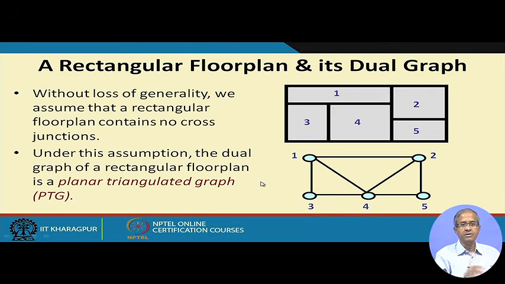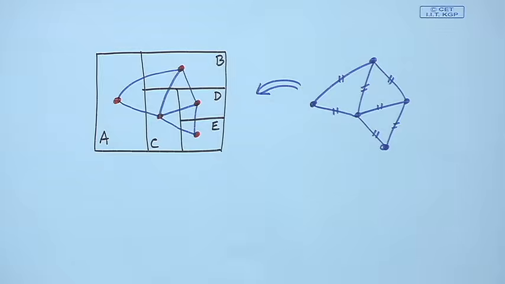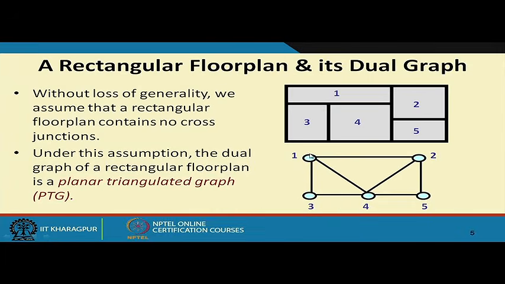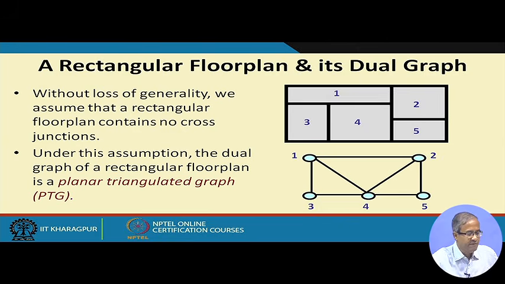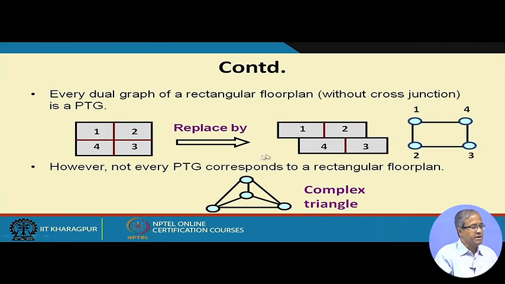Okay? So, you can lay out the graph on a plane surface, the edges will not be crossing each other. Because the floor plan was planar, the graph you are embedding on it will also be a planar graph. So, it is automatic and all the faces will be triangular in nature. This is the property. So, this graph will essentially be a planar triangular graph which you have to translate into a floor plan. Now, there are a few things.